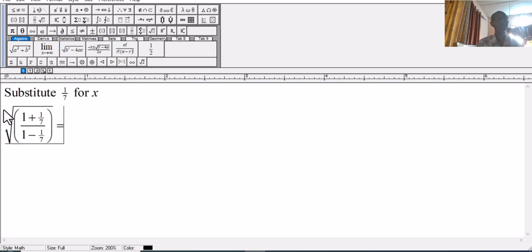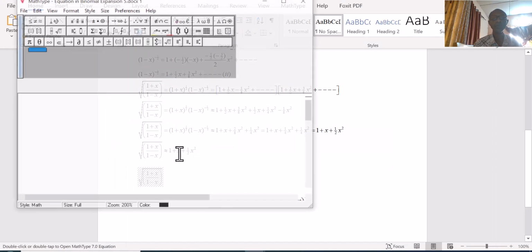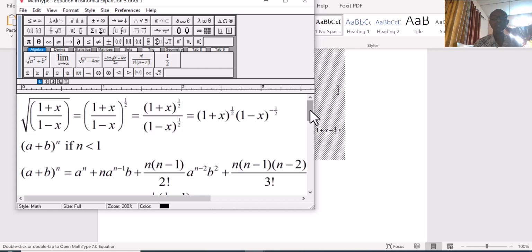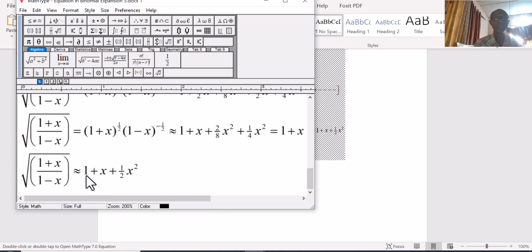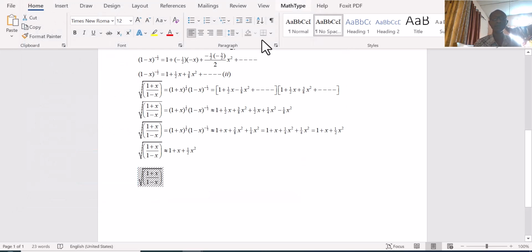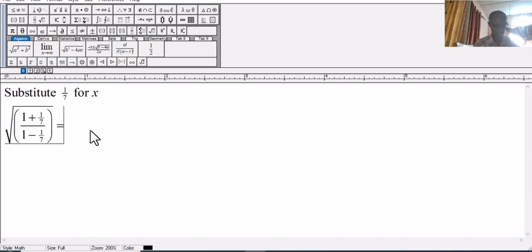So in that case, now remember we got this to be approximately this. So I'm going to copy this also and put 1 over 7 in there. Anywhere I'm going to put 1 over 7 in there, and then 1 over 7.